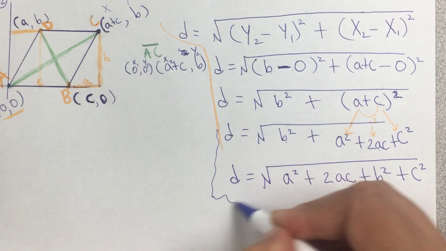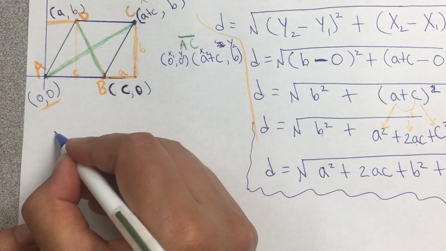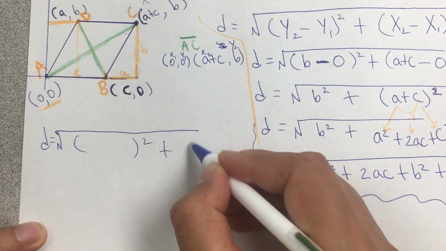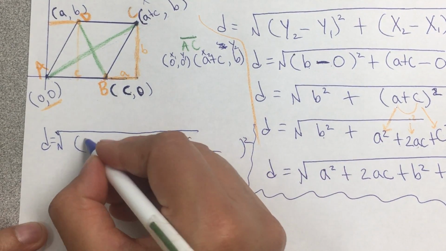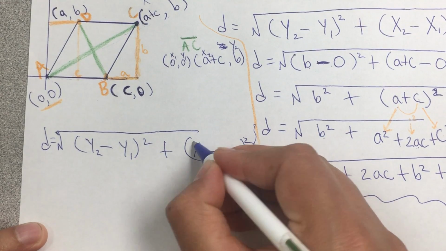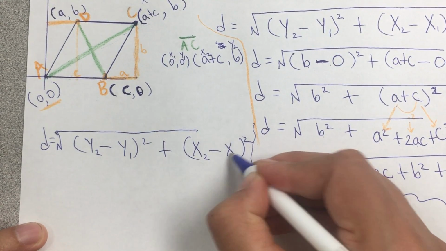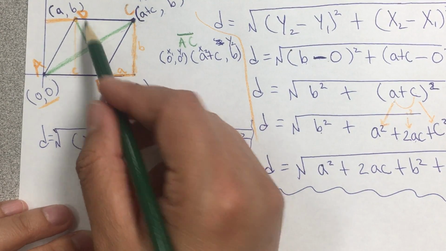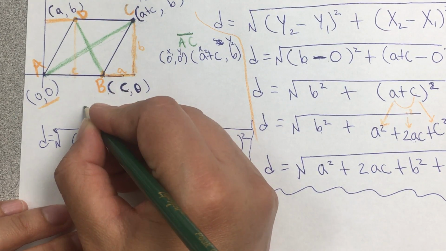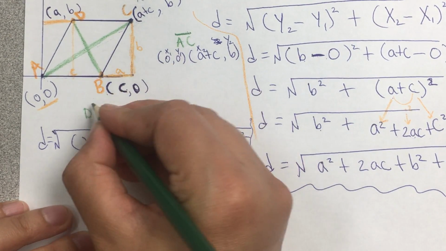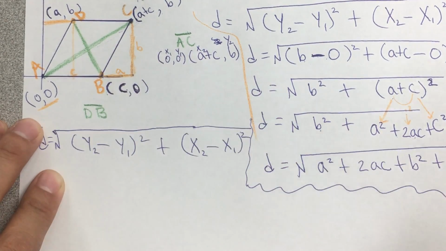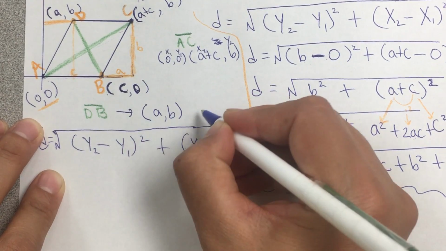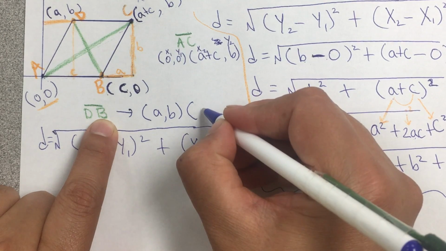Now let's look at the other one. The distance again is equal to Y2 minus Y1, and then X2 minus X1. Let me put the points up here, which is point DB. And again, it doesn't matter which one you put first. So for DB, the first point is A comma B, and the second point is C, 0.